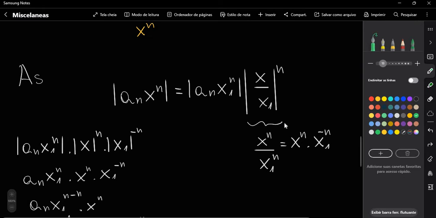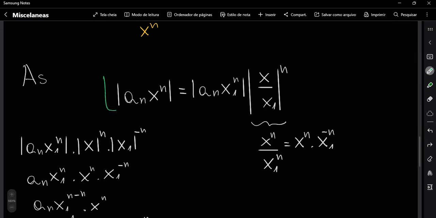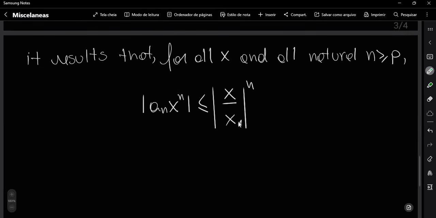So let me just change the color again. This is less or greater than 1. Sorry, is less or equal. Less or equal 1. And this is true for all n greater or equal p.